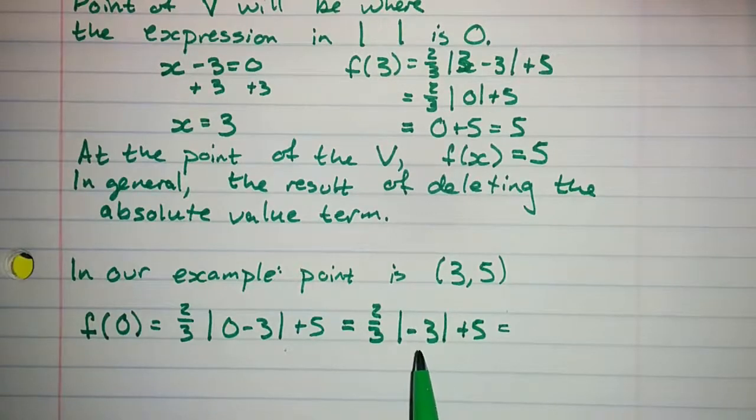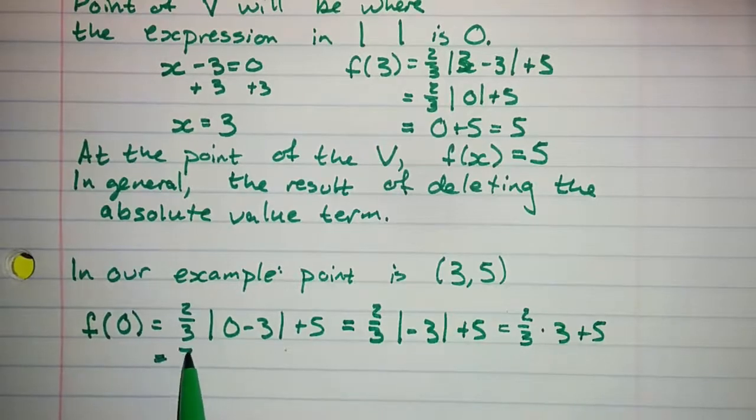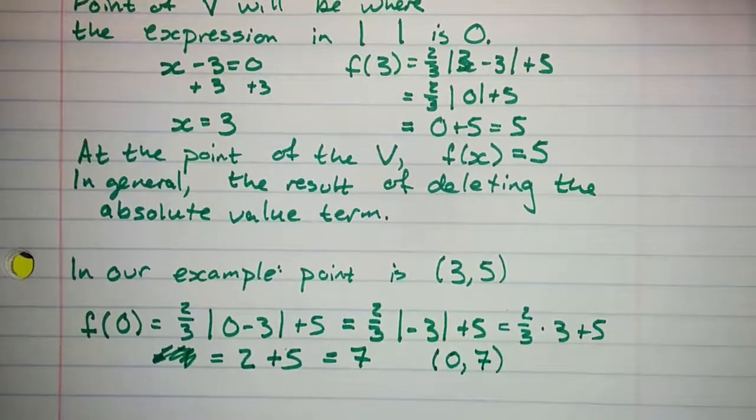Absolute value of negative 3 is 3. Now I'm ready for this multiplication. 2/3 times 3, that's just 2. Copy the plus 5. 2 plus 5 is 7. So that gives me the point x is 0, y is 7.